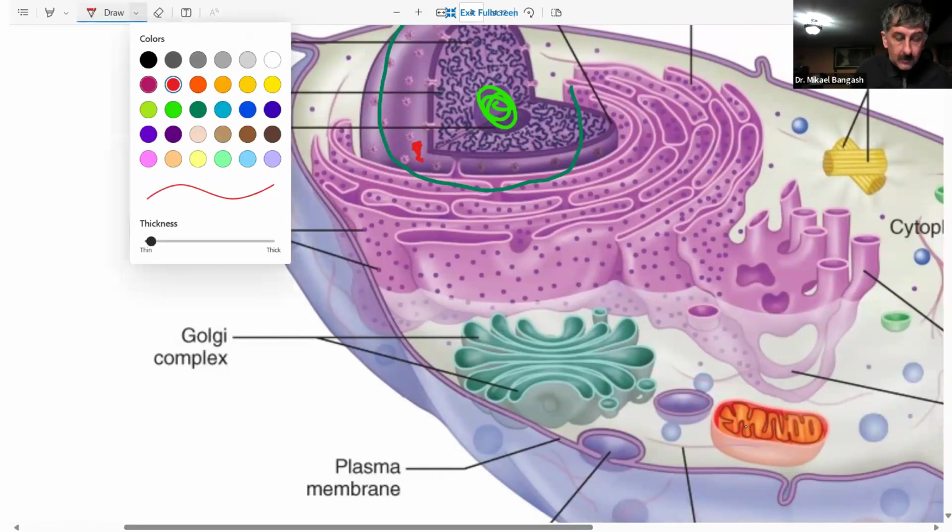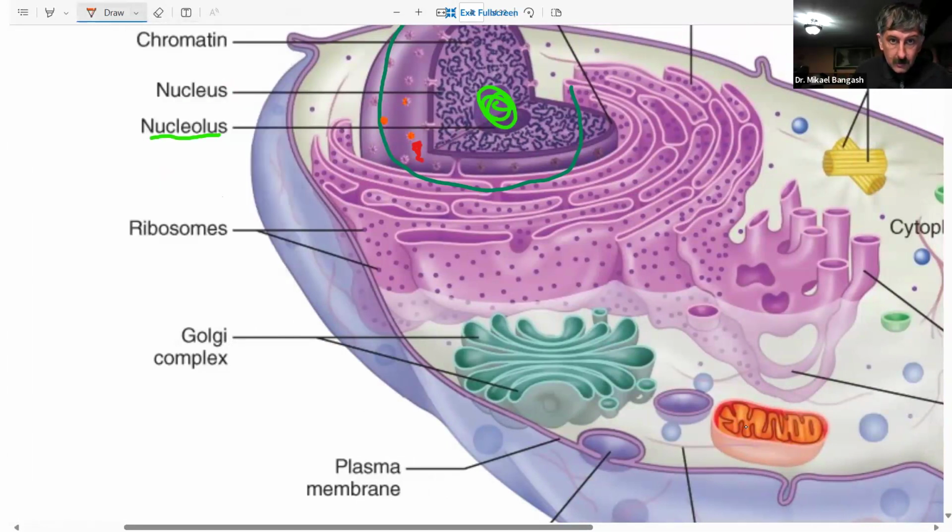And when I said that the nuclear membrane or nuclear envelope was porous, the reason is mainly because it connects to this structure here, this whole structure.